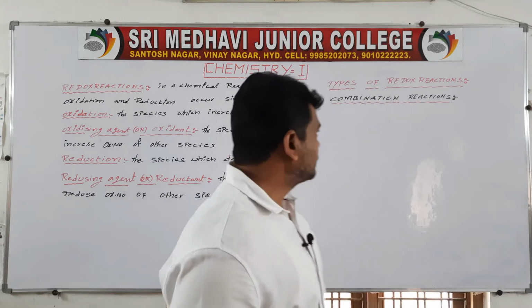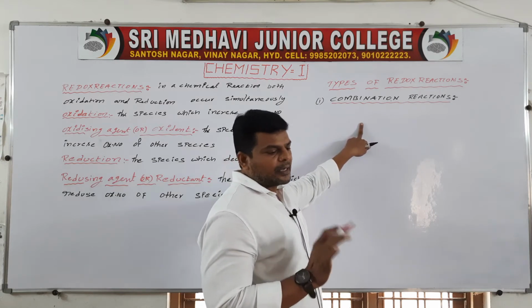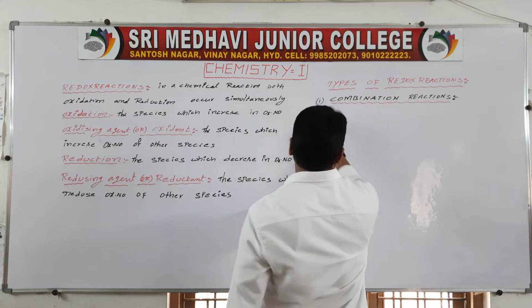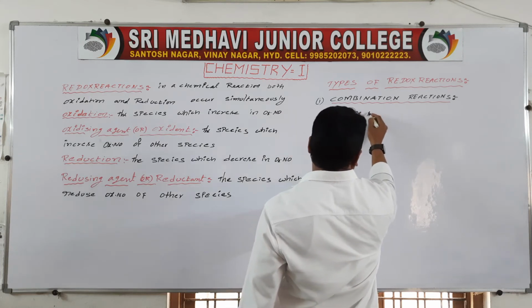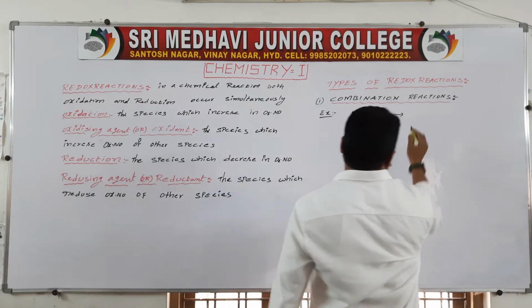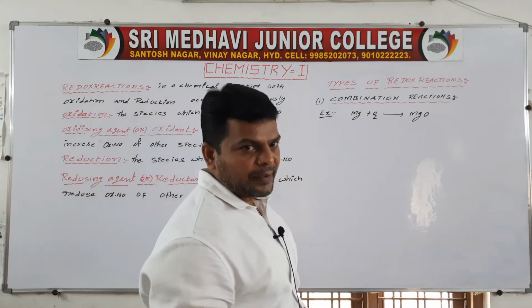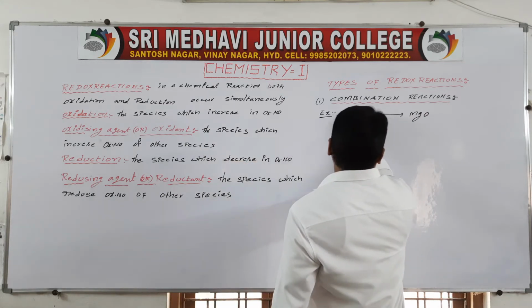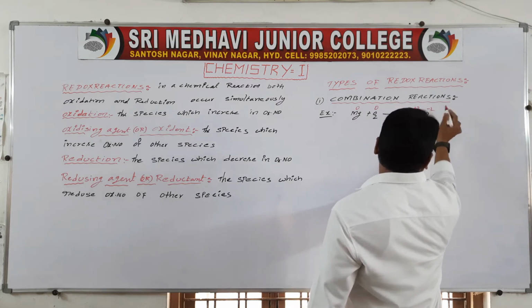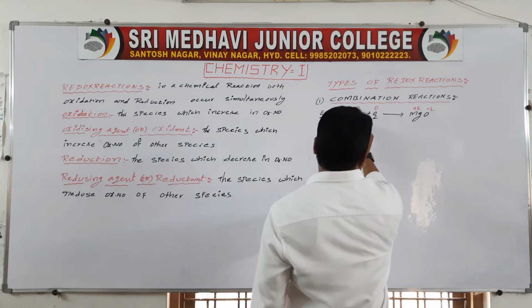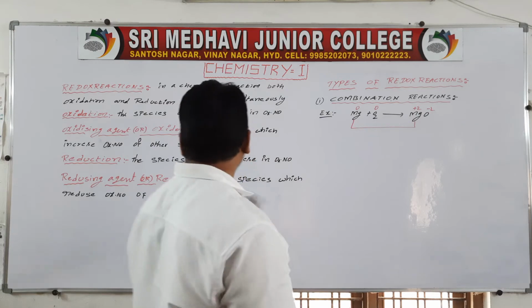For example, Mg plus O2 gives MgO. Here the oxidation states are 0, 0, +2, -2. Magnesium goes from 0 to +2, so the oxidation state increases.